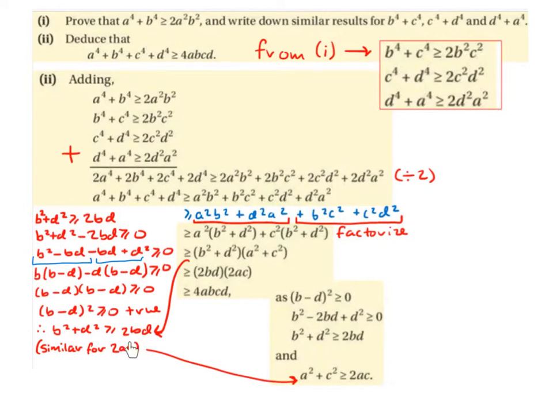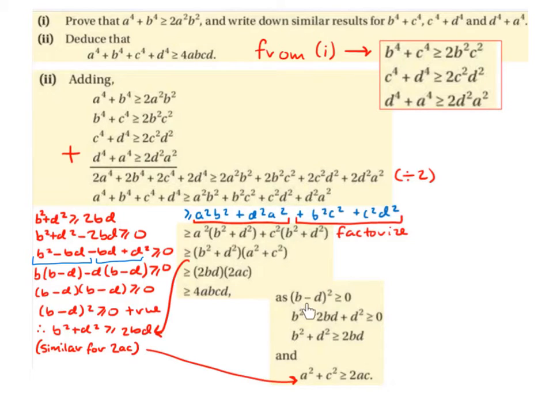So this is similar for a squared plus c squared giving us 2ac. So then we just have to multiply this out. 2 by 2 is 4. BD times AC is going to be ABCD. So this became this as b minus d squared is greater or equal to 0, which is the statement over here.